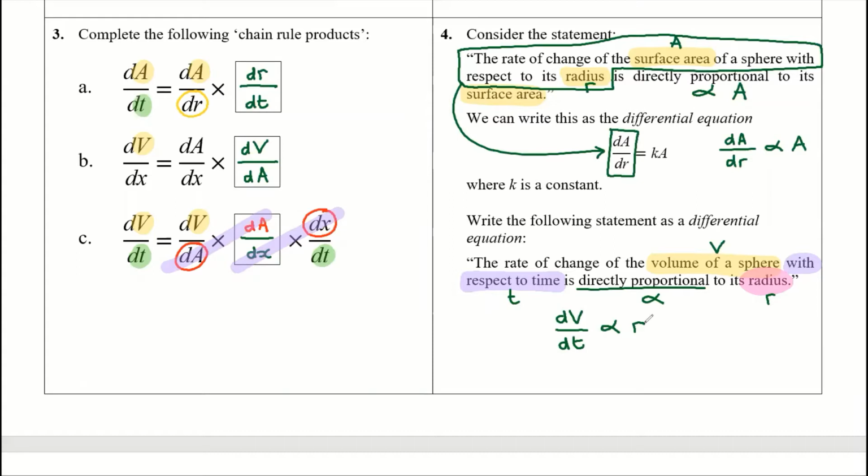Now we can write this as a differential equation, i.e. dV by dt must be equal to some constant multiplied by the radius. And then we would just have to say where k is a constant.